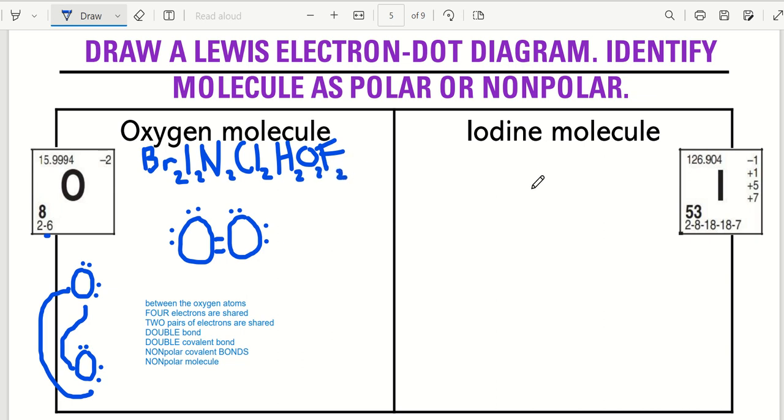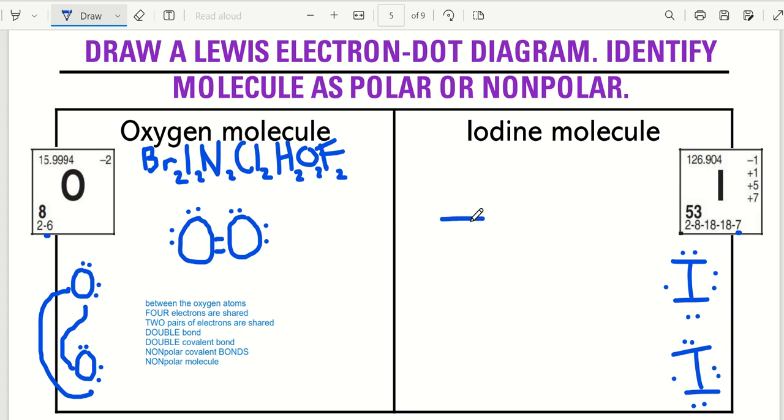All right, let's try the next one, iodine. Iodine right here, 7 valence electrons. We drew this one before. So iodine, 1, 2, 3, 4, 5, 6, 7. And how many iodines do we have in an iodine molecule? 2. 1, 2, 3, 4, 5, 6, 7.